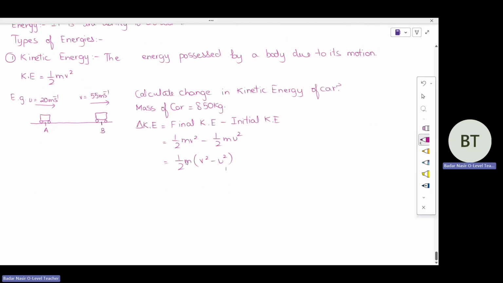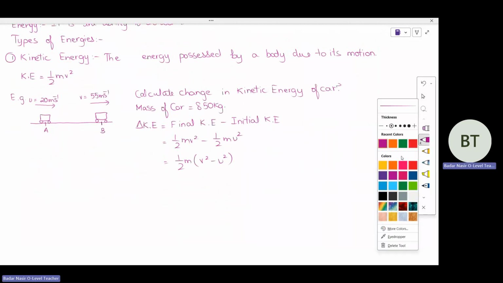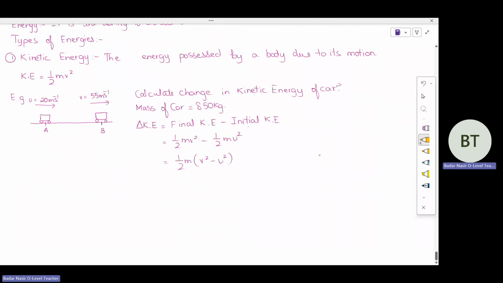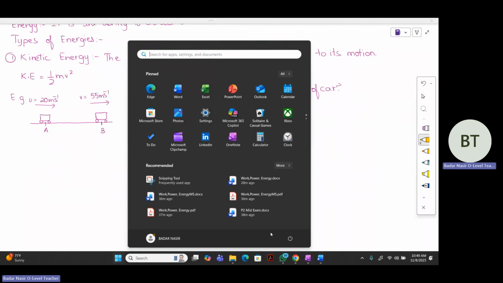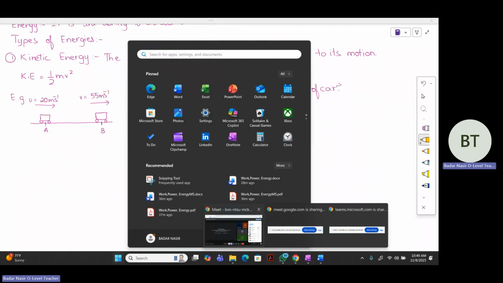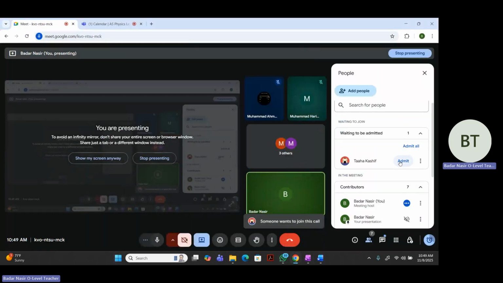So you can just directly put the values in the calculator, expression में directly value substitute करो and you'll get the answer for this. Okay, so final velocity is 55 meter per second, ठीक है, and the initial velocity is 20 meter per second.